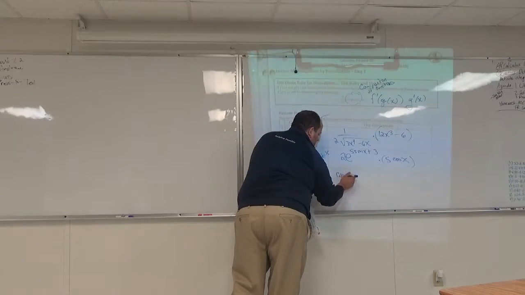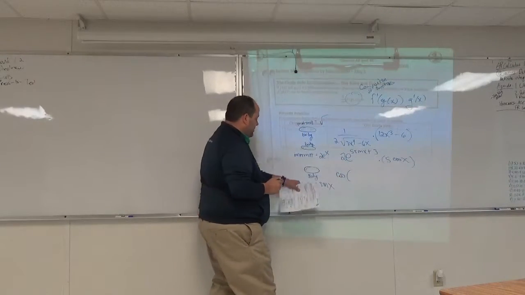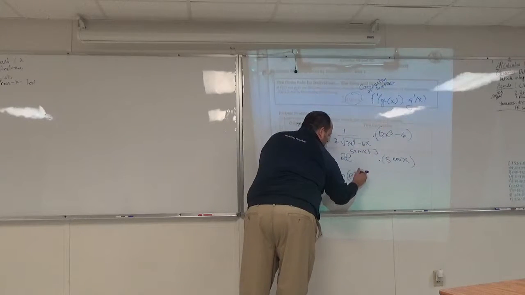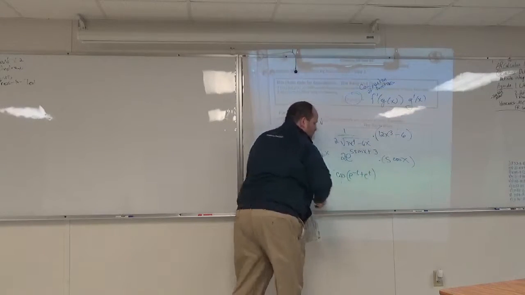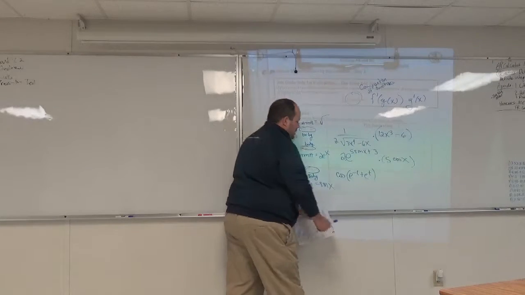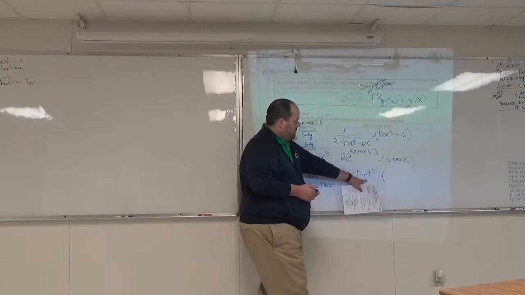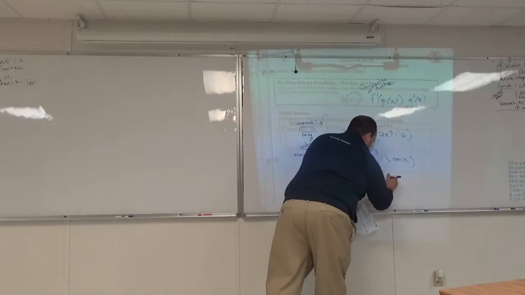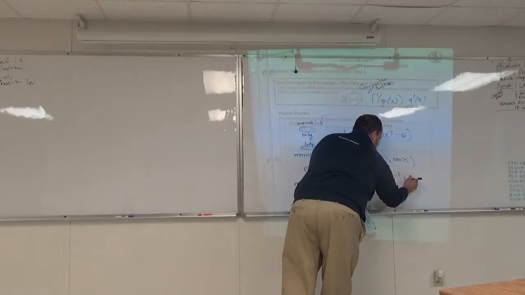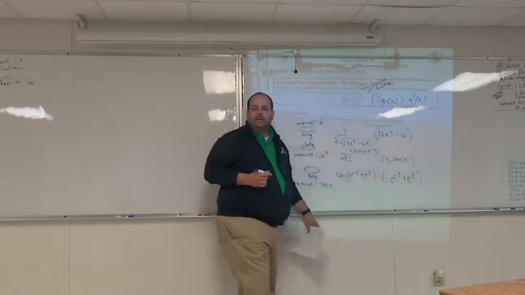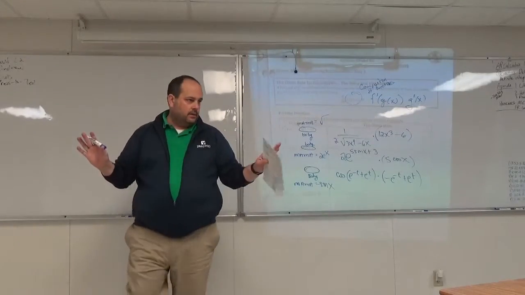Cos of parentheses e power negative t plus e to the power t, times the derivative, negative e to the negative t plus e to the t. And we can play this game all day long.